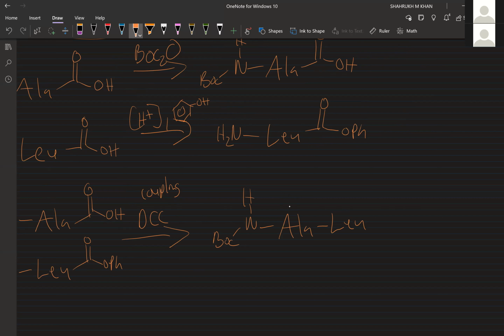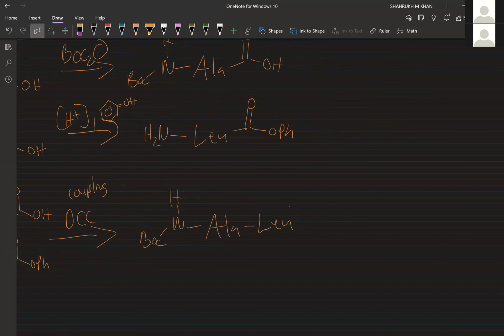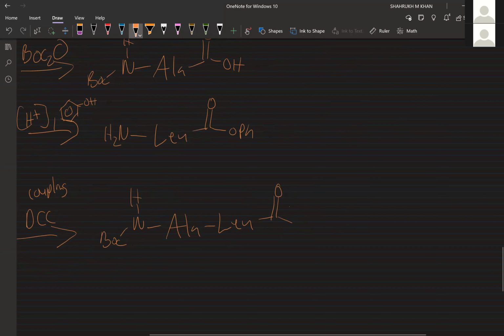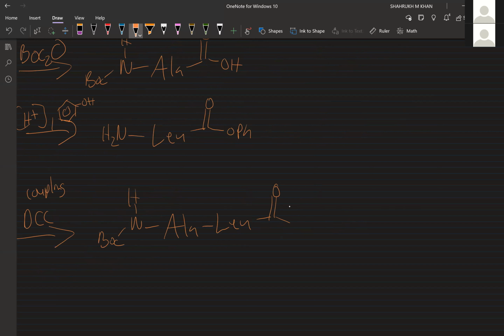It's a very good way of coupling something like diethylamine to a carboxylic acid, or any sort of secondary amine. So now we have N-Boc protected here, and then we have OPh here. Okay, cool. So now we have the dipeptide.